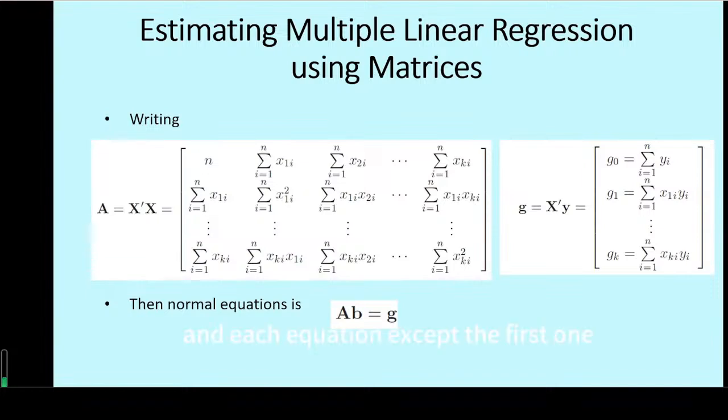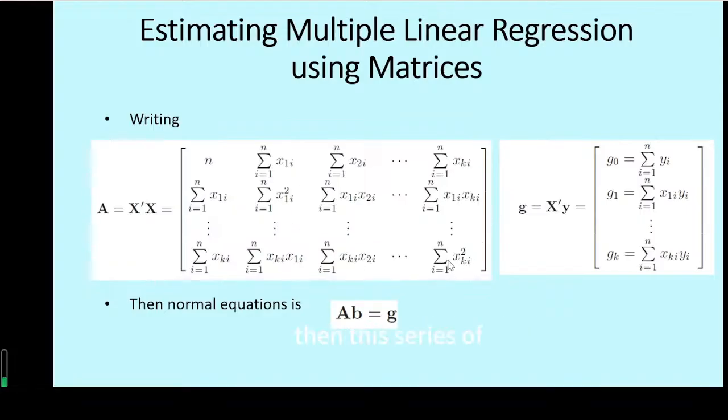Each equation except the first one is a sum of second powers, which means either an independent variable squared or the product of each pair of independent variables.